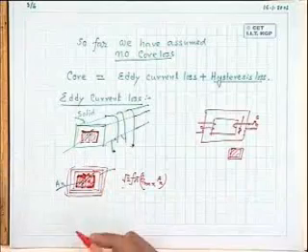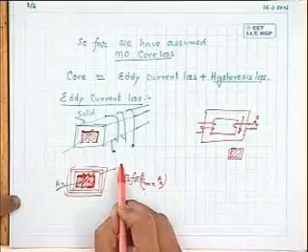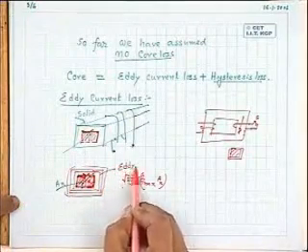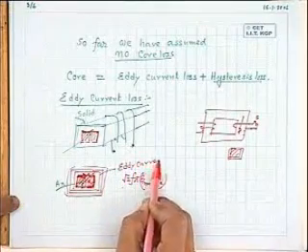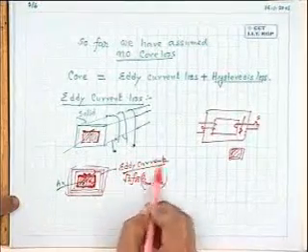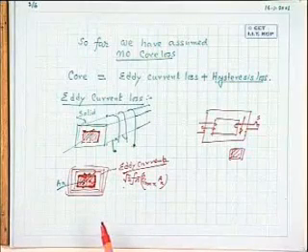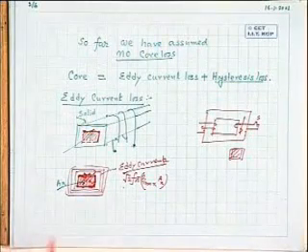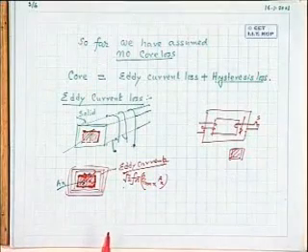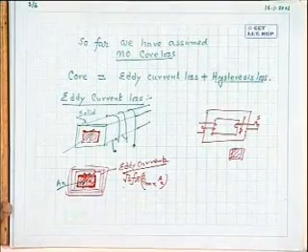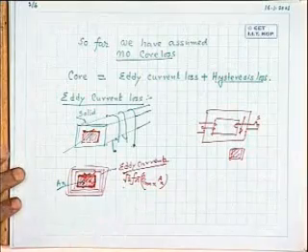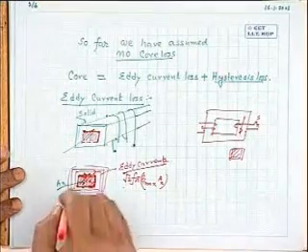So these currents which flow because of the induced voltage in the core are called eddy currents. Eddy currents will be flowing inside the core in a plane which is perpendicular to the direction of the field.